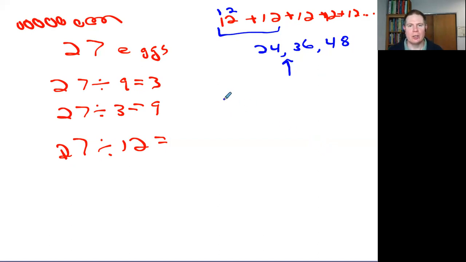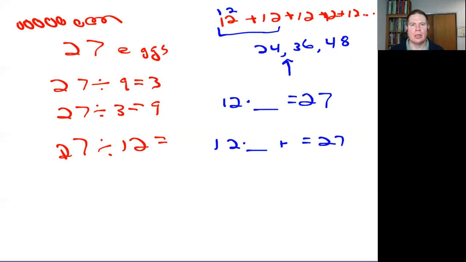I can't say 12 times some number is going to get me 27, the way I could say 5 times 3 got me 15. I need to do 12 times some number and then add or subtract a little bit to get to 27, right? If I use 2 cartons, 2 dozen, that's going to get me to 24. But then I still have 3 eggs lying around to get to 27.